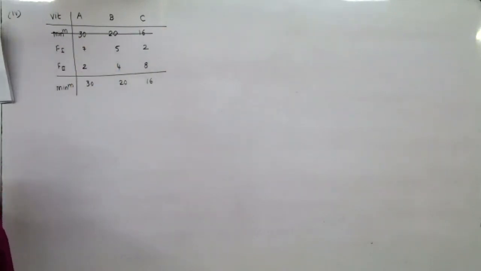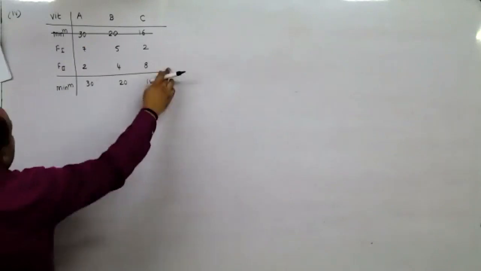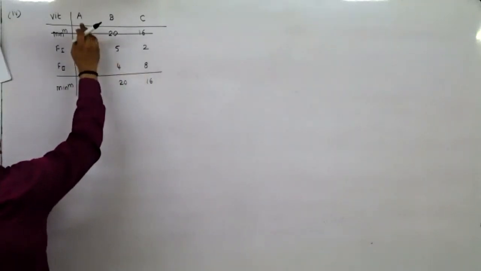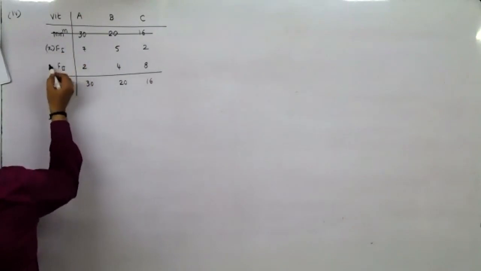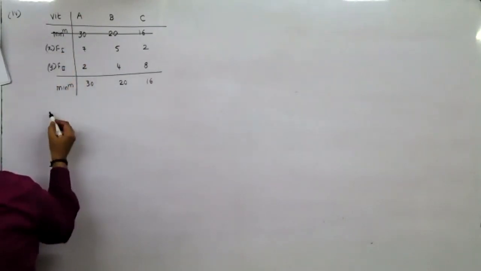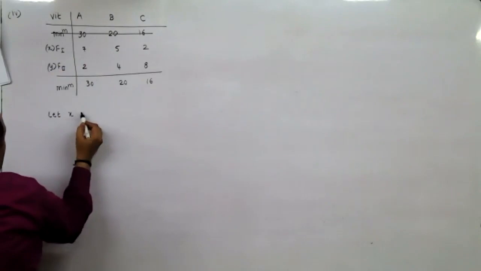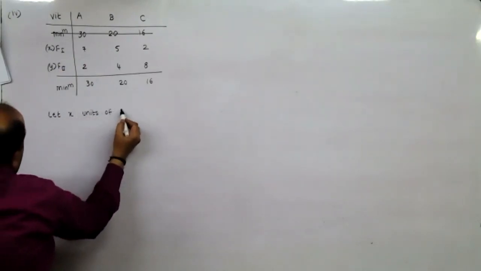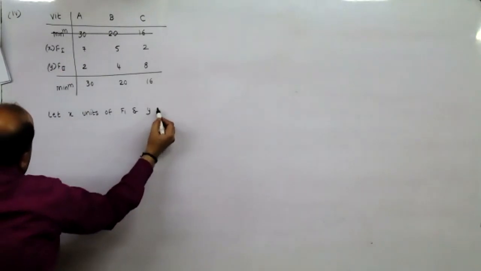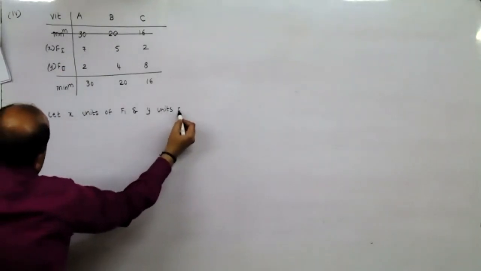She has to keep a food bill minimum. So what is the number of units of F1 and F2 that should be bought? So we'll say let X units of F1 and Y units of F2 be bought.